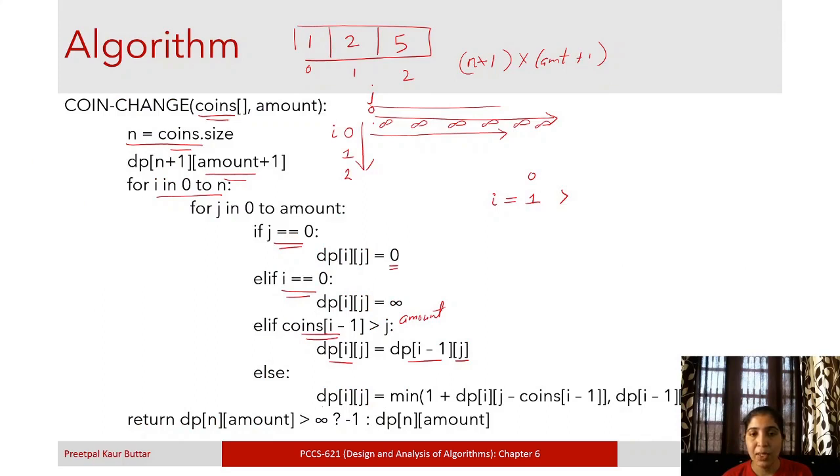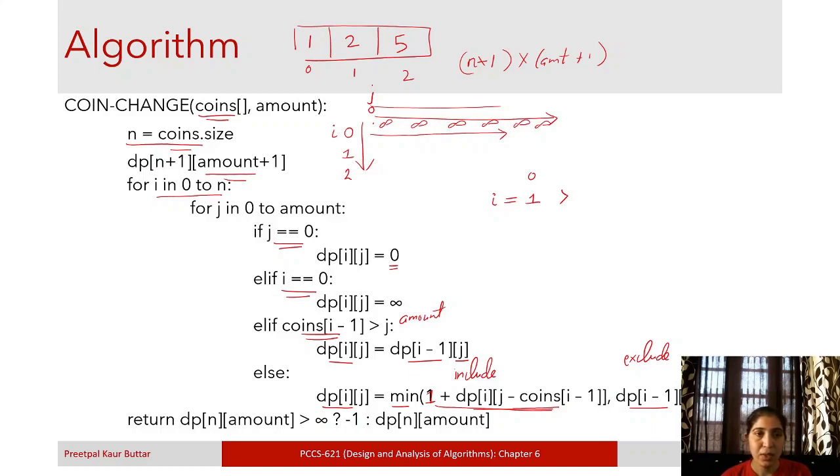So dp[i][j] is the minimum of this thing and this thing. This thing means you include that particular coin, so you add one coin to your solution plus the solution for the amount which is left. And this is when you exclude this particular coin, in which case you just copy the solution from the upper cell.